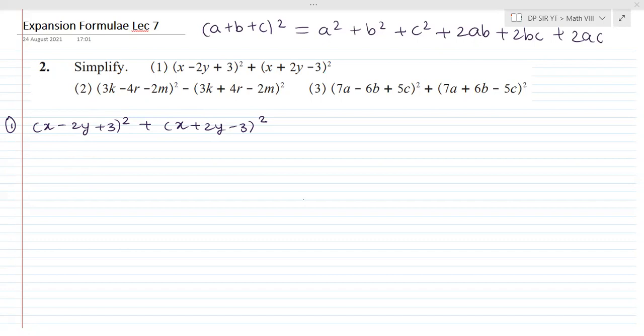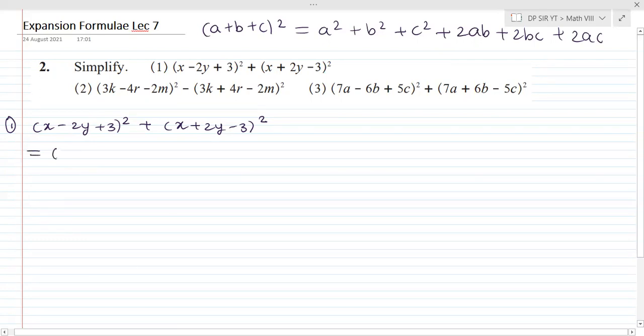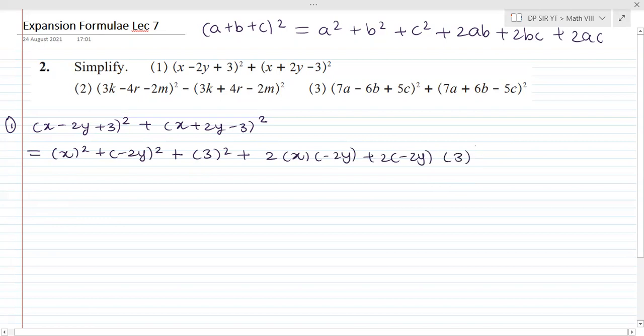So here it's going to be a square plus b square plus c square plus 2ab plus 2bc plus 2ac. If you see, at both ends the terms are the same.